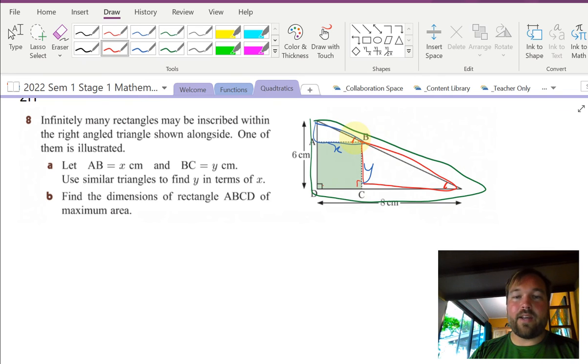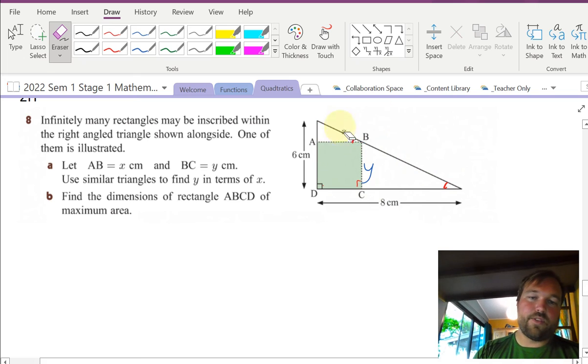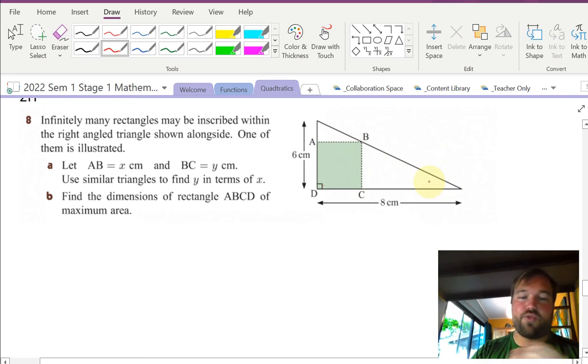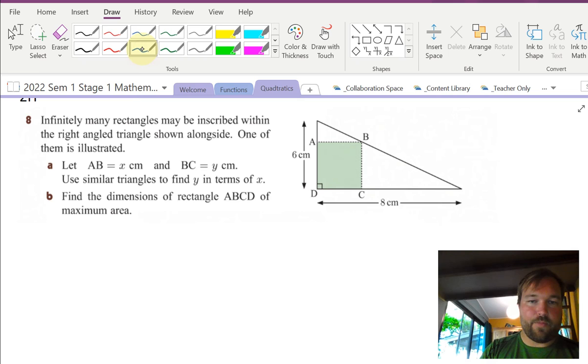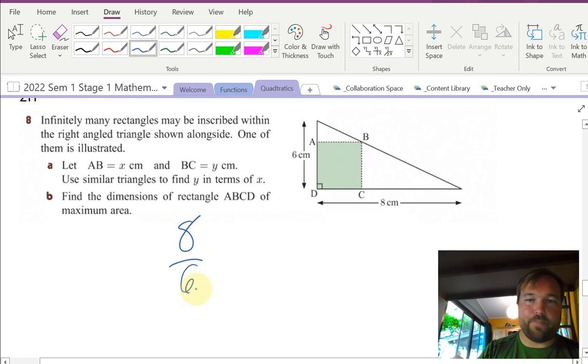All right, three corresponding sides. Three corresponding similar triangles. What that means is that the ratio of their sides is all equal. So, bottom on top. That divided by that will be equal to the same pair of sides. So we have x here and y here.